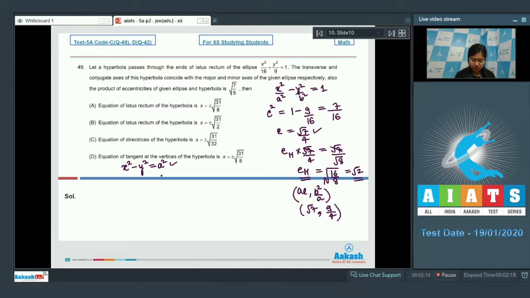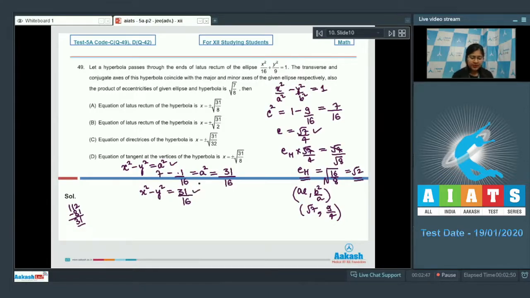So it is passing through this point. So we have 7 minus 81 by 16 is equal to a square. 16 into 7 is 112 minus 81, that is 31. So this is equal to 31 by 16. So the hyperbola is x square minus y square equal to 31 by 16.